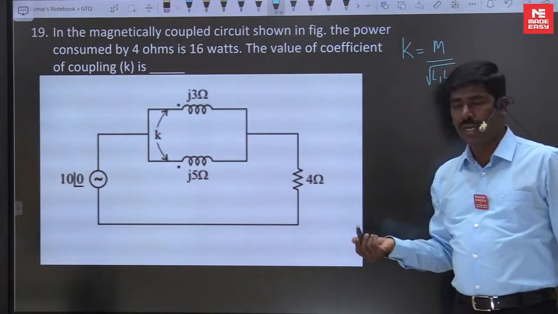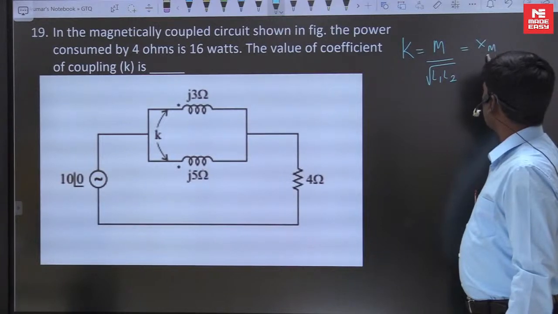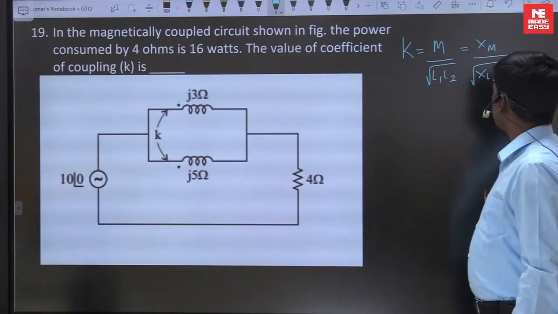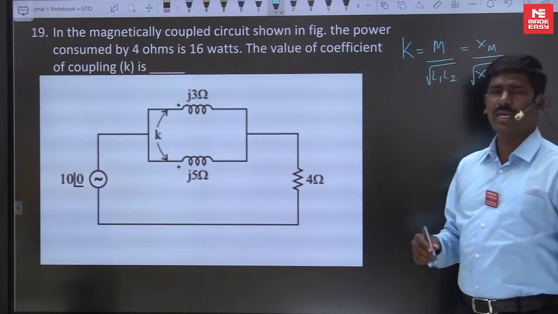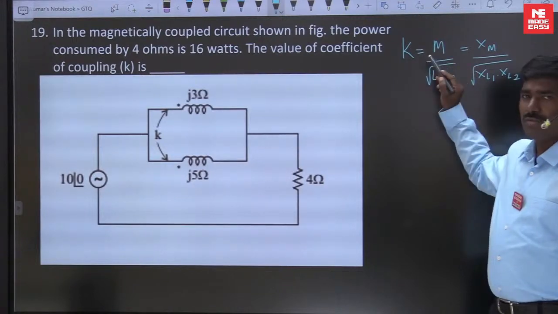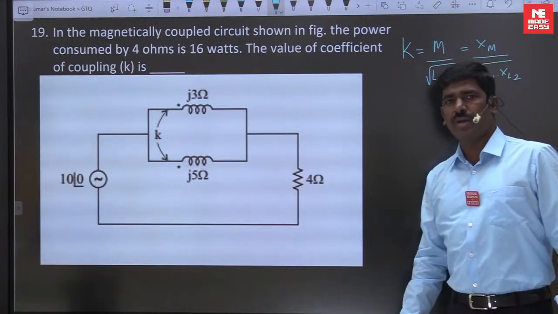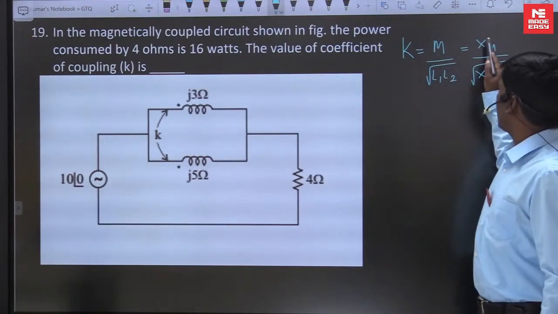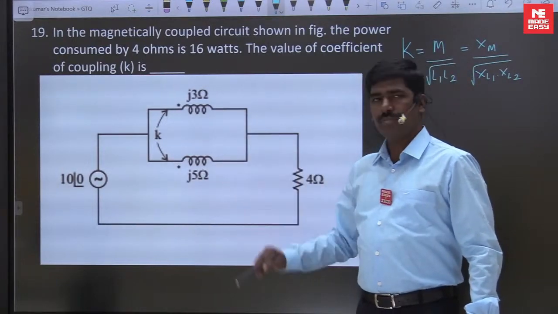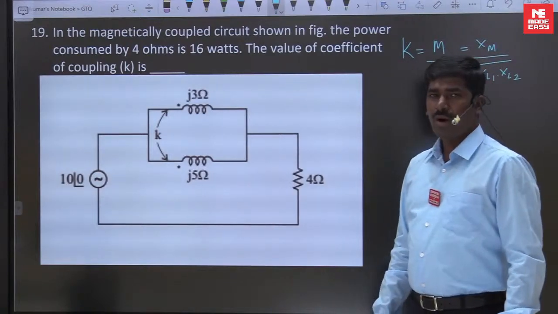So in terms of ohms, it is XM by root XL1 into XL2, dividing by omega: omega M, omega L1, omega L2. Omega L1 is XL1, omega L2 is XL2, omega M is XM. XL1 and XL2 we know, but we have to find the XM value. How to find the XM value?